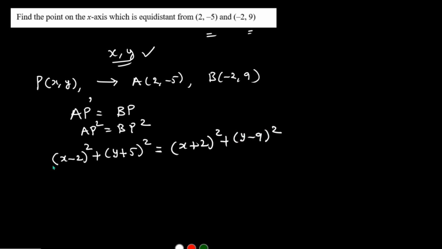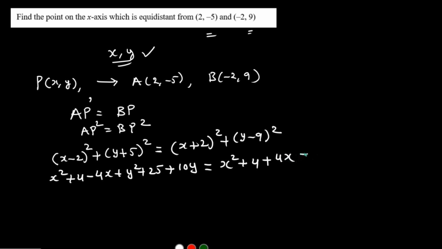Okay, so quickly simplify this one. (a - b) whole square: x square plus 4 minus 2 into 2, 4x, plus y square plus 25 plus 2 into 5, 10y. Similarly the right side is x square plus 4 plus 4x plus y square plus 81 minus 18y.